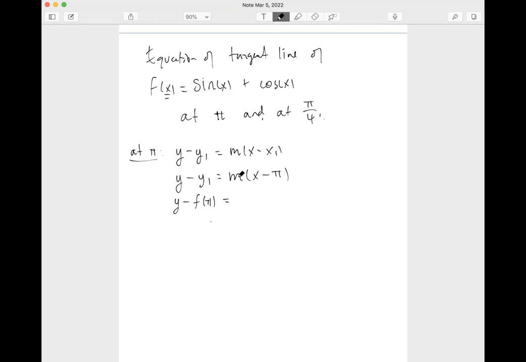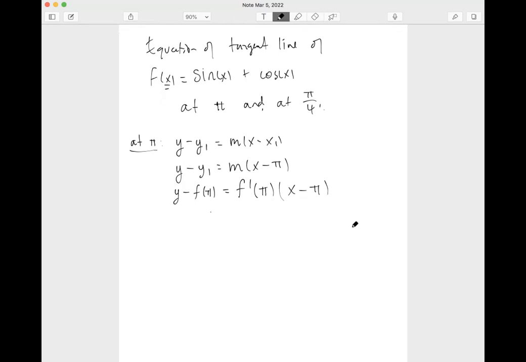The slope of the tangent line is precisely the derivative. That's how we define the derivative. So we just need to find those two values, f of pi and f prime of pi.